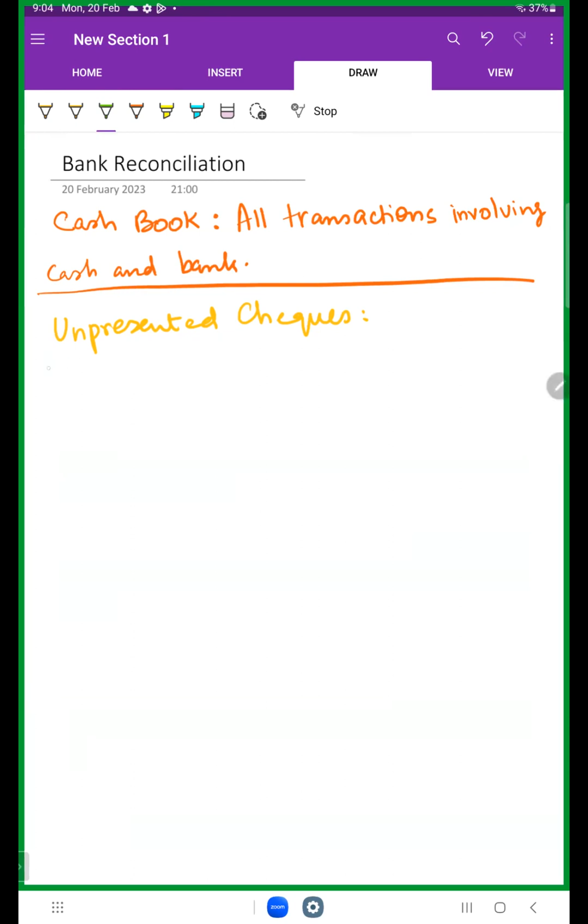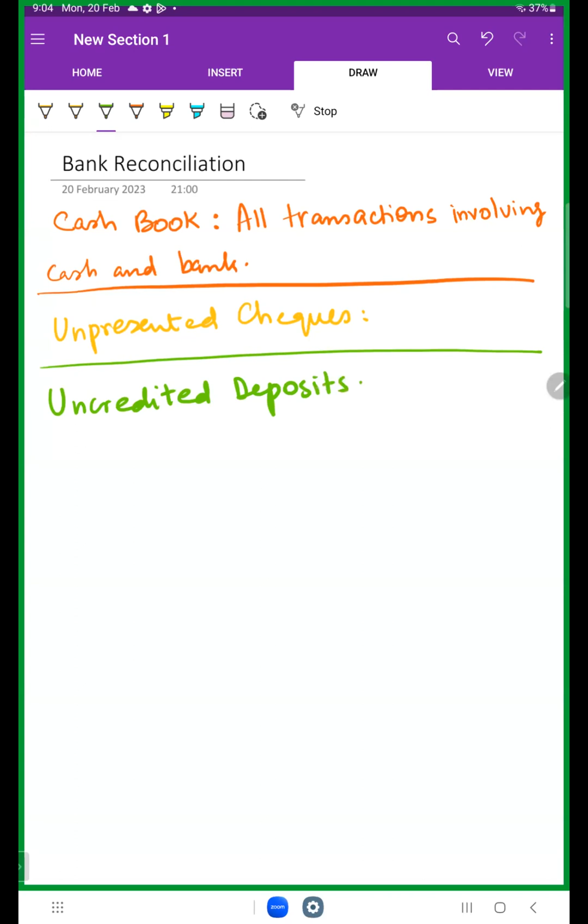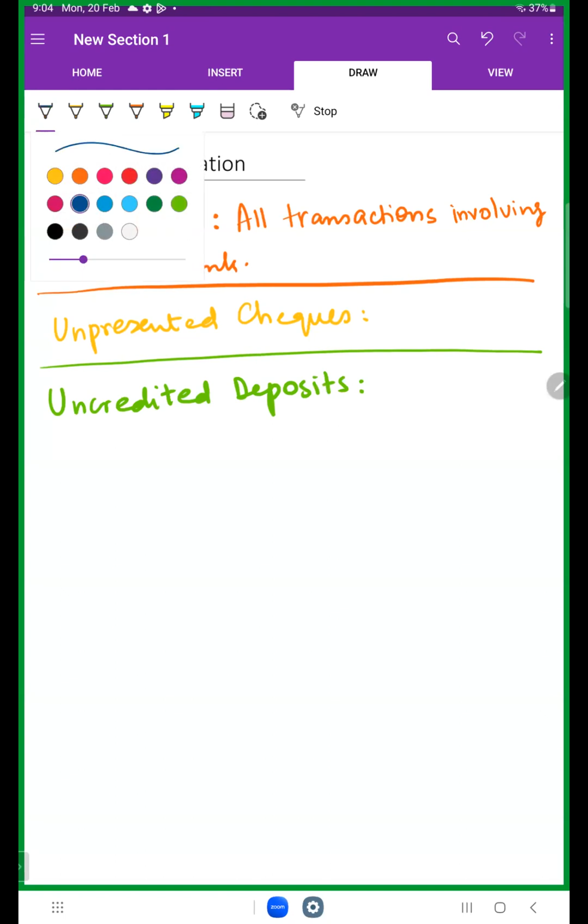Now, if I talk about uncredited deposits, what can those be? Something we received but did not show to the bank. It's when a certain amount of money is deposited into the bank. So bank immediately records it in the cash book.